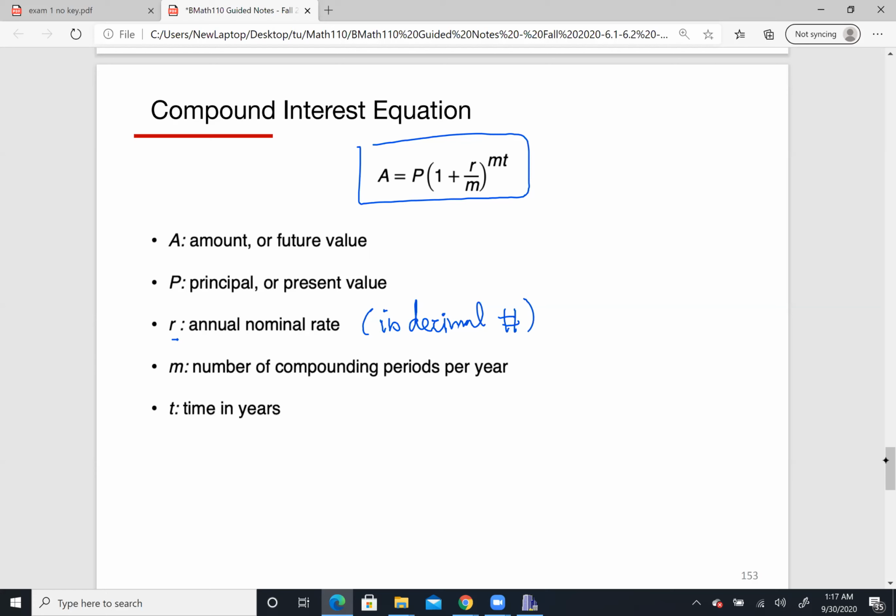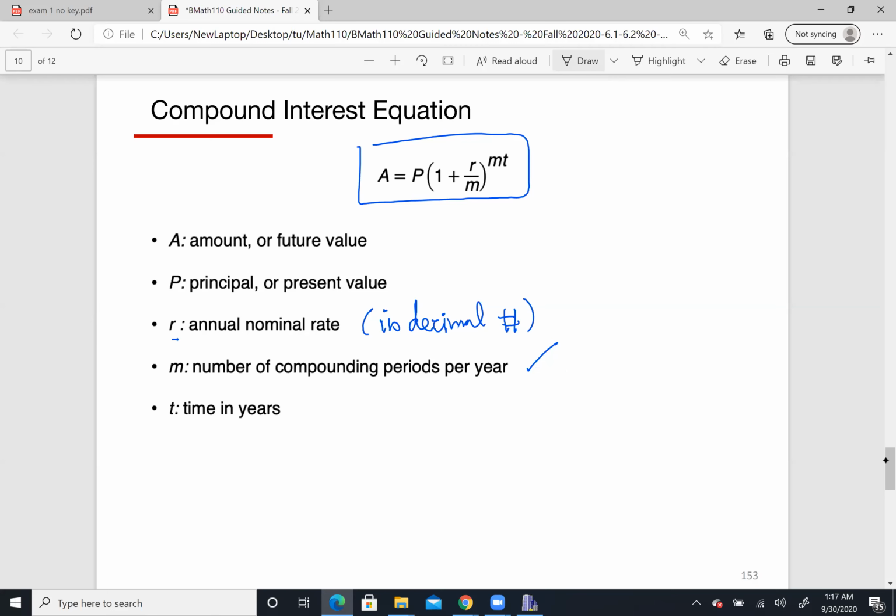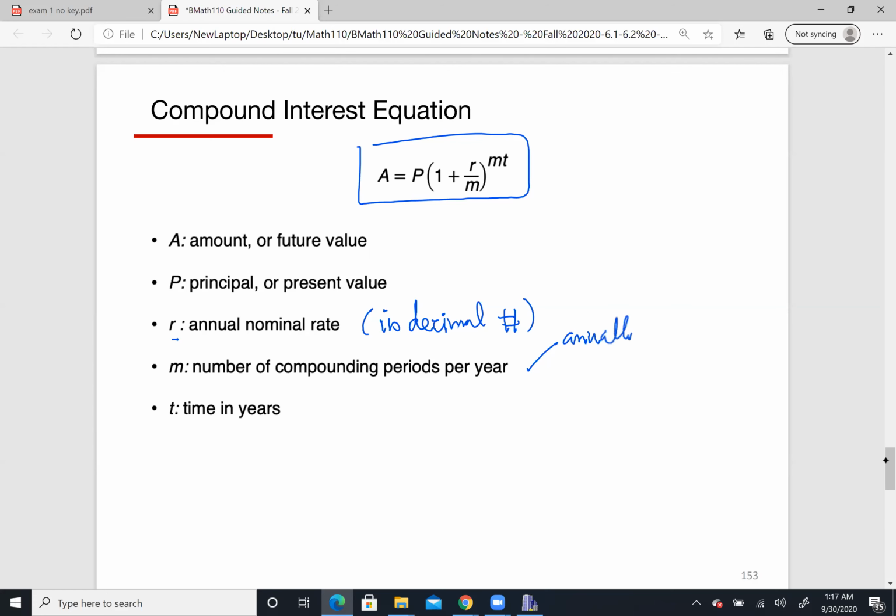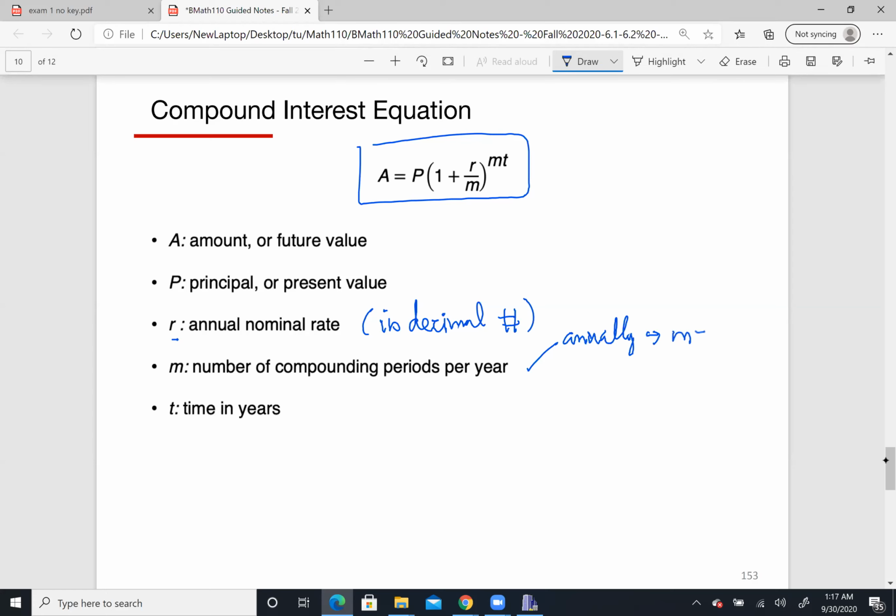For example, if it's compounded annually, or yearly, same thing, that means it compounds only one time a year, so m equals 1.